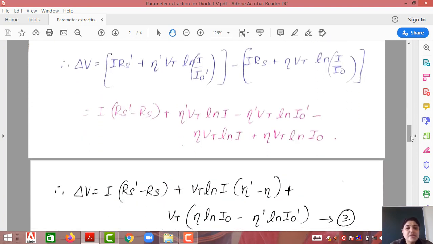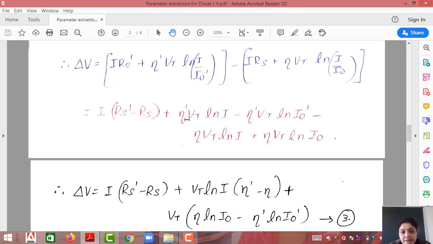Now I will just multiply all the terms and then we'll simplify. So I have a term I Rs dash and I Rs. I have just taken I common. I get Rs dash minus Rs. Then, you know that ln of A upon B can be written as ln A minus ln B. So the same thing we have done here. Simultaneously multiplied by eta dash Vt.